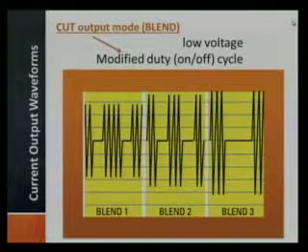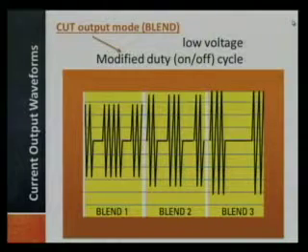In between, we have modulated on-off cycles of the low voltage cut output. These are our blend modes. So these are the cut waveforms, but the duty cycle has been modulated so that you have an interrupted waveform. With a blend 1, you have 50% of your cycle on and 50% off.